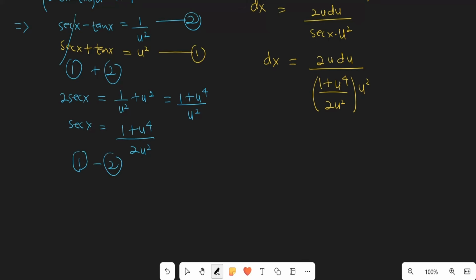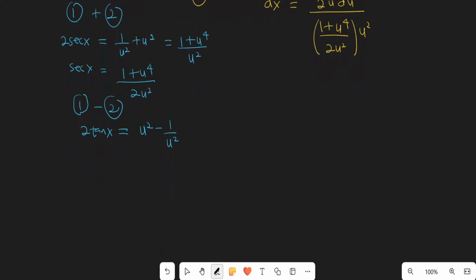When I do that, the secant of x will cancel, and we are left with 2 tangent of x, and that is equal to u squared minus 1 over u squared. This is the same as u raised to the power 4 minus 1 all over u squared. So this is the tangent of x in terms of u: tangent of x is u raised to the power 4 minus 1 all over 2u squared.